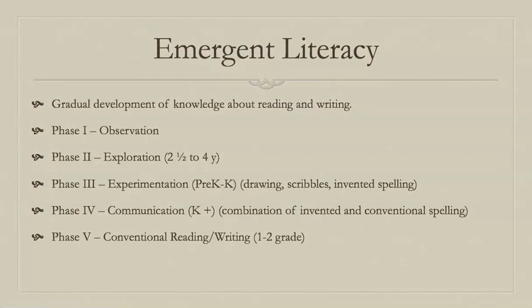And then there is conventional reading and writing, where children are capable of reading fluidly a text and writing sentences and paragraphs. And this happens around first and second grade. Okay, so if you want to know a little bit more about this, we're going to get to that later in the semester, but there's also that handout in Blackboard.